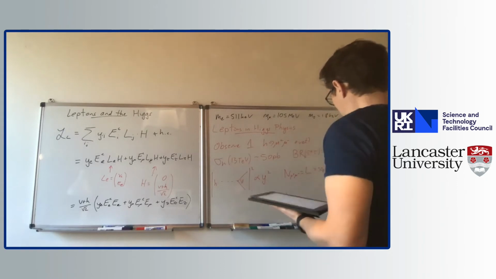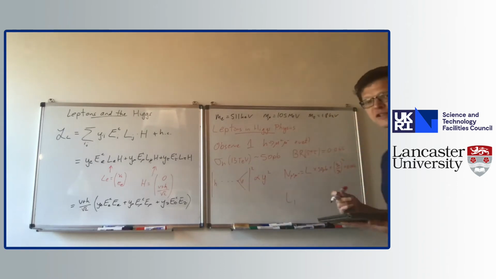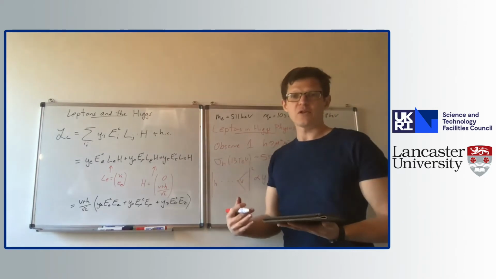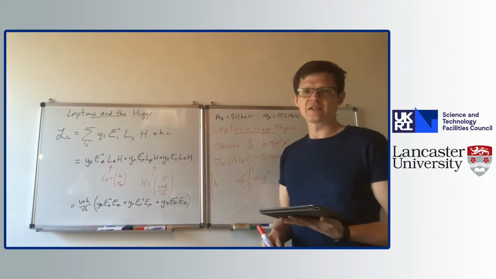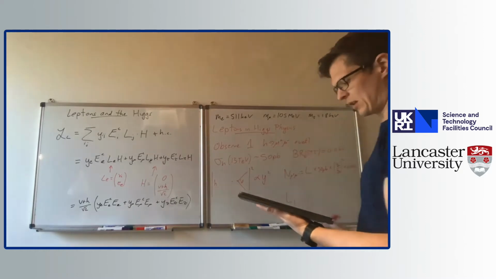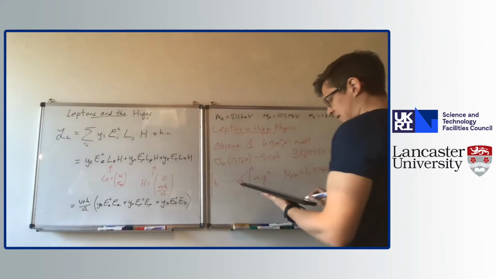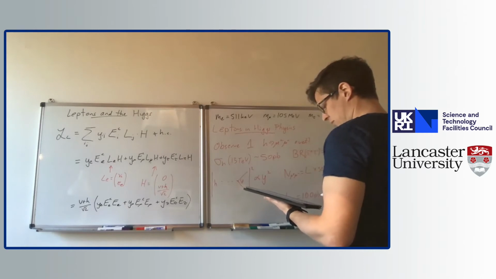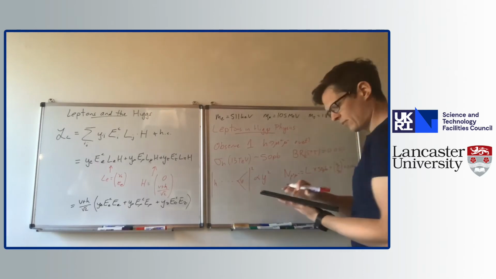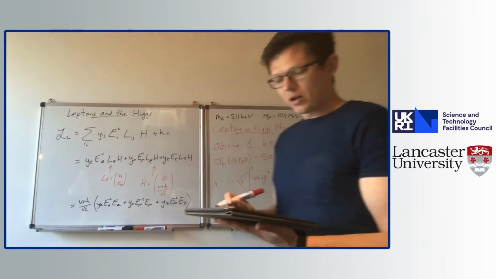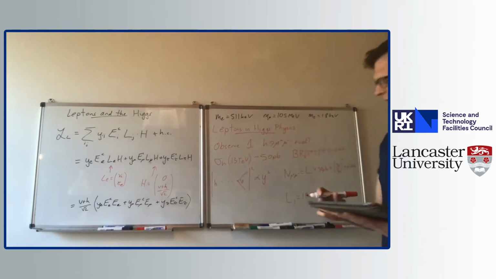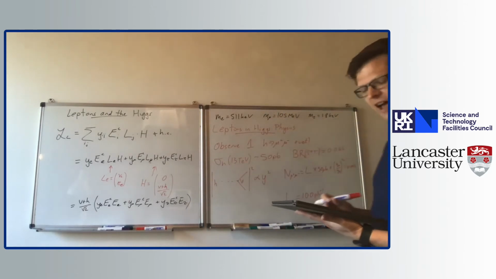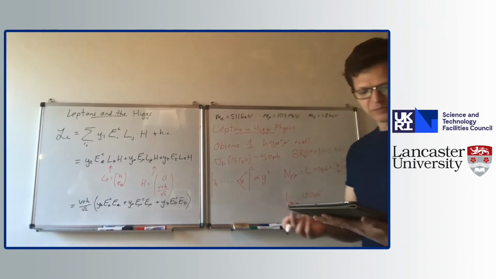Now we just put in the numbers. Y mu over y tau is simply m mu over m tau because they both have the same factor of the Higgs vacuum expectation value. So we just invert this and we get that L for one event is something like 100 inverse picobarns. However, at the LHC, we will actually have something like 3000 inverse femtobarns.